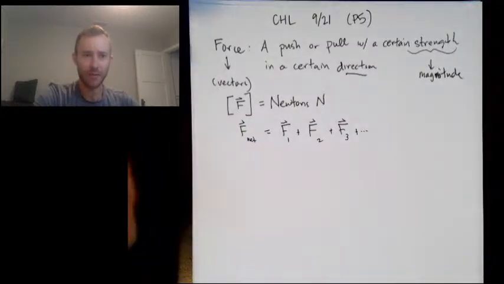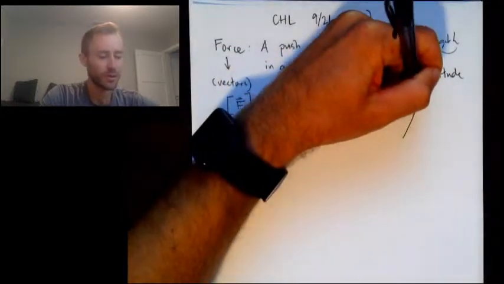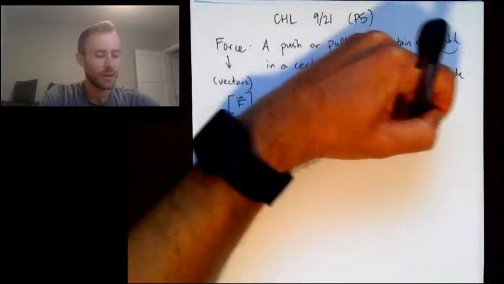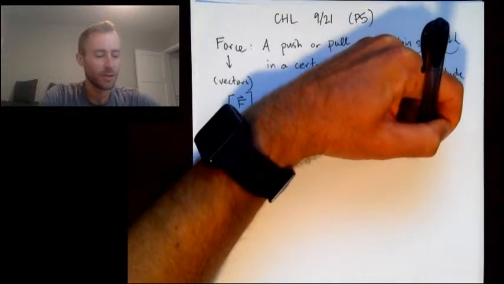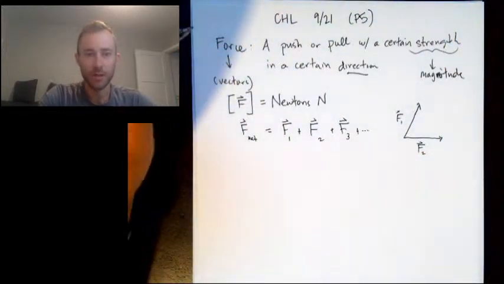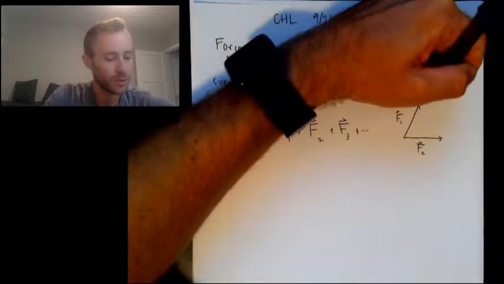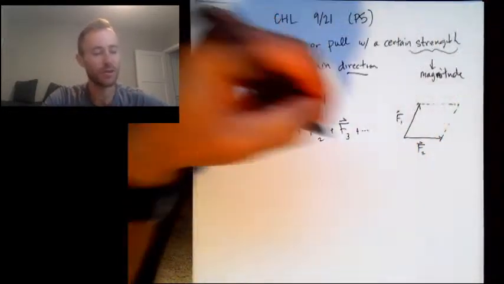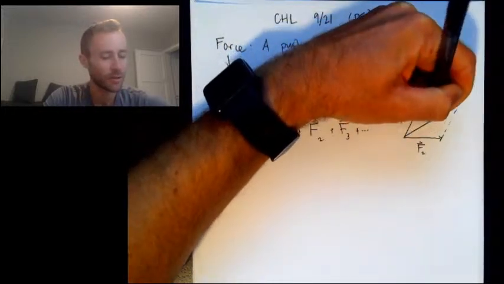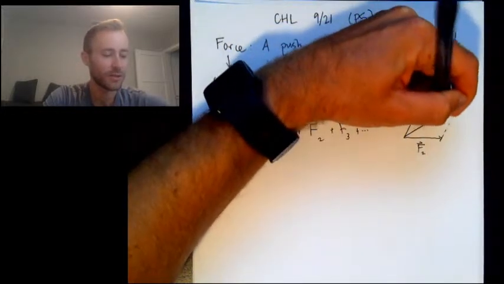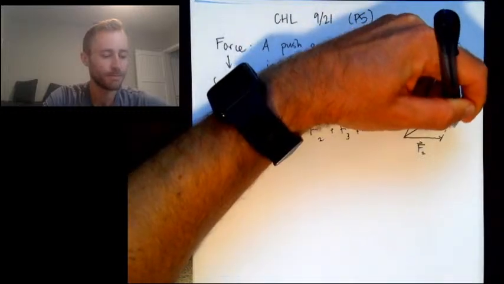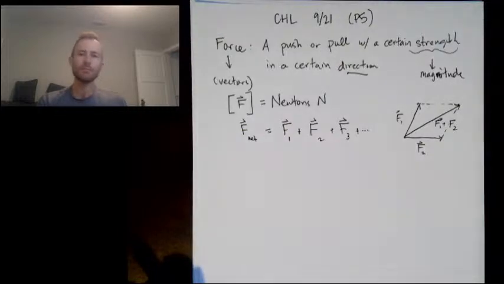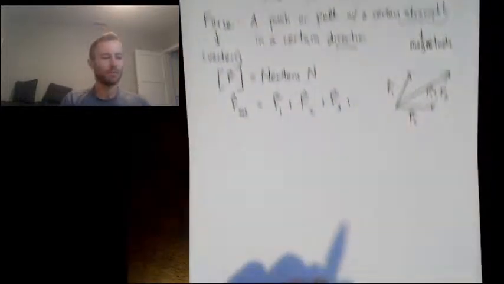If you have two forces, say F1 and F2, and you want to combine them, you combine them just like we combined vectors in the very first lesson, using the parallelogram rule. We make a parallelogram out of the two vectors, and then we draw the vector that crosses the parallelogram, and that is the sum F1 plus F2. So there you have it.